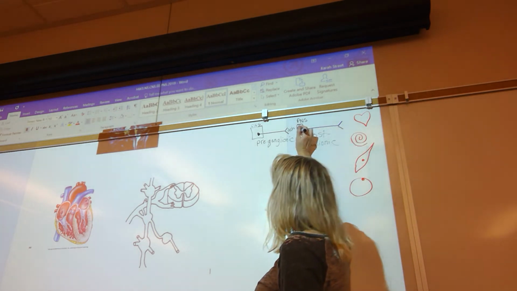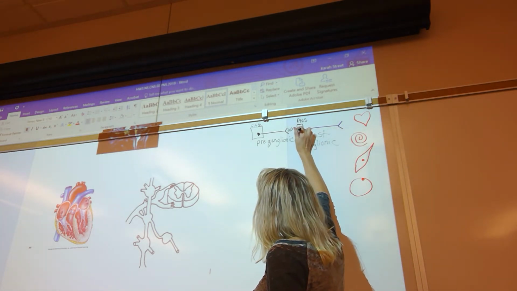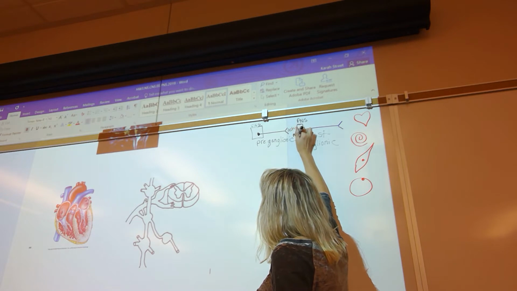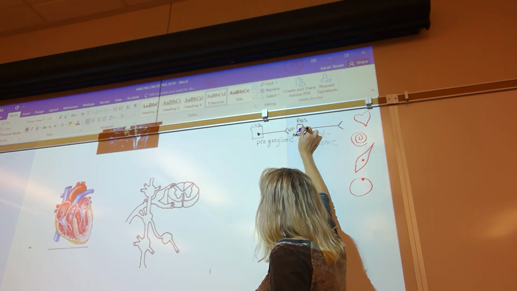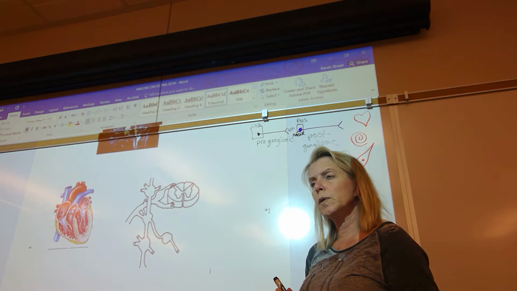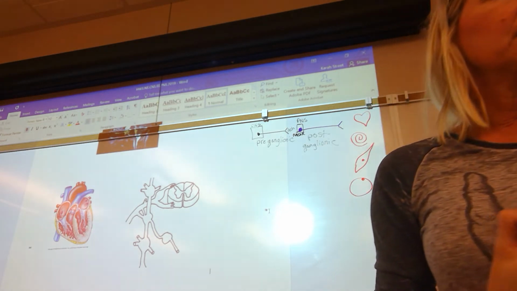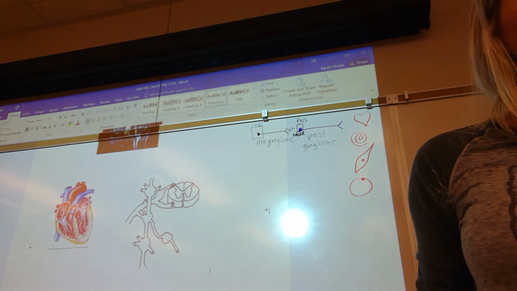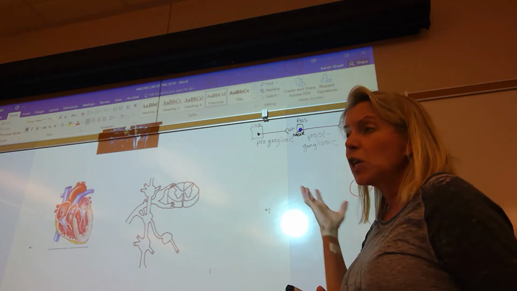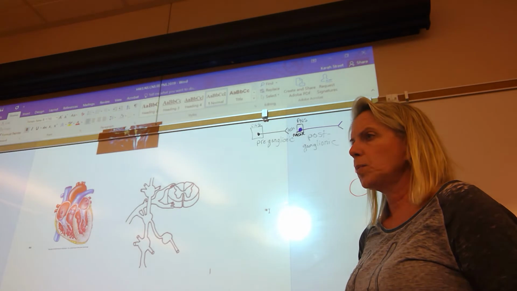The receptor on the postganglionic neuron is the nicotinic acetylcholine receptor, which is the same receptor that is most abundantly found on skeletal muscle. So this is a very common acetylcholine receptor, very common.